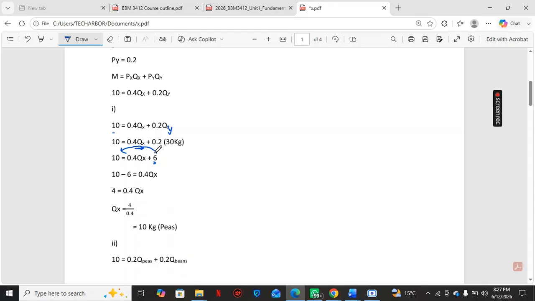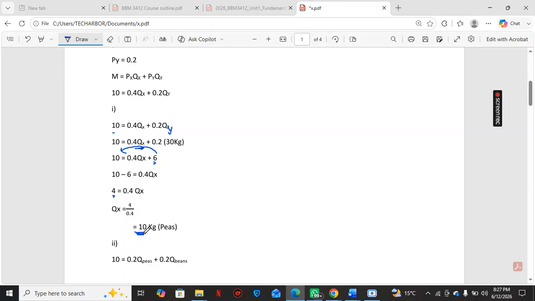So this positive 6 crosses over the equal sign, it becomes 10 minus 6 equals 0.4X. 10 minus 6 gives us 4. So 4 equals 0.4X. I want to find out the quantity of peas, so we divide both sides by 0.4. QX equals 4 divided by 0.4, and 4 divided by 0.4 is 10.